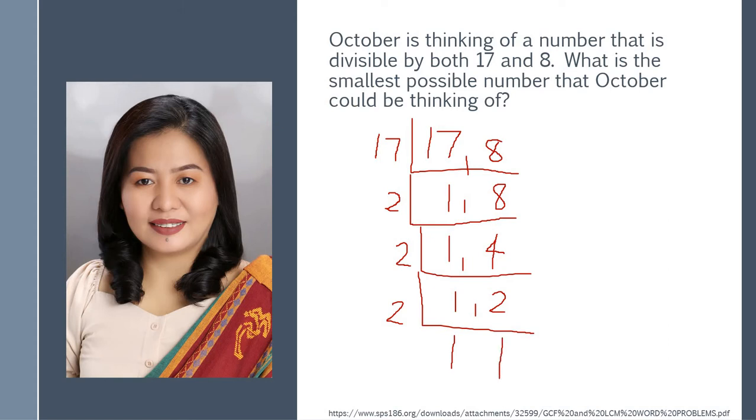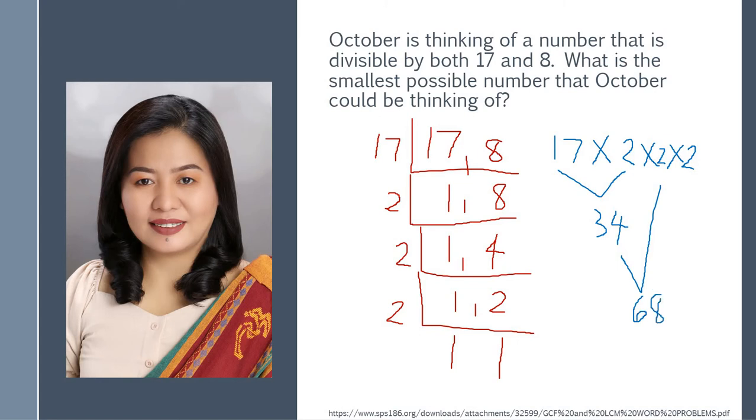So all we need to do is multiply 17 by 2 by 2 by 2. 17 times 2 is 34, and this one is 68, and the last, 2 times 68, is 16 carry 1, 12, 13, 136.